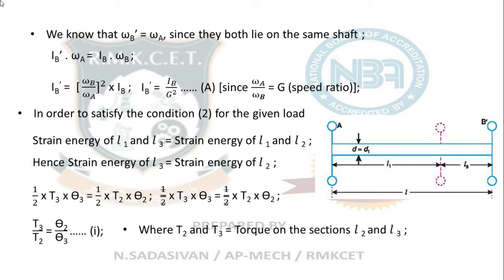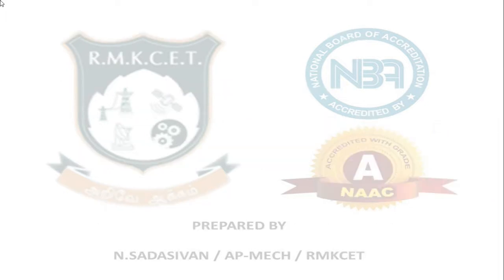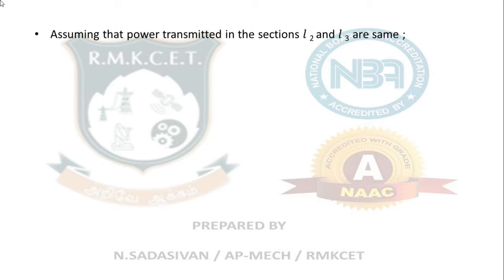Okay. So where T2 and T3 are torques on section L2 and L3, angle of twist theta 2, theta 3. So assuming that power transmitted in the sections L2 and L3 are the same, that is, there is no loss of power in the gearing. The negligible amount of power loss I am neglecting, so that whatever power given by the motor is coming out, the losses are neglected.